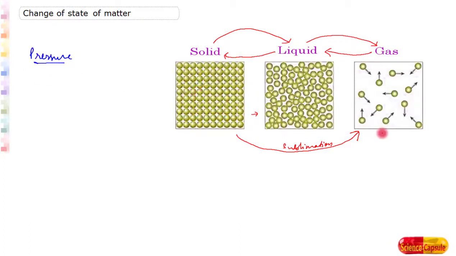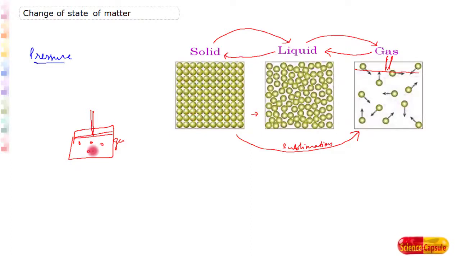We know that gas is highly compressible, which means pressure can be applied on gas. Let us understand separately. Suppose this is the matter, that is gas. Here are the particles. Here we take a piston. On applying pressure, the particles will come closer and closer, right? Since the space available for the particles of gases will be reduced on applying pressure.